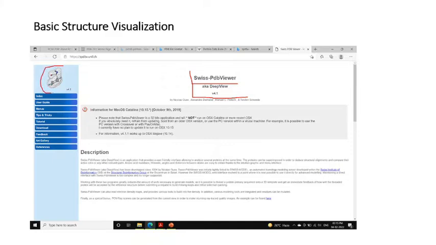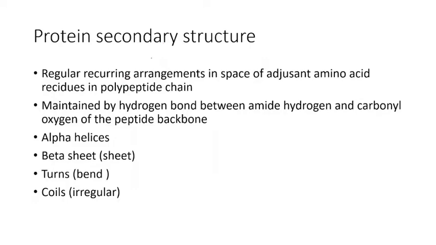We can visualize protein in different formats: alpha helices, beta sheets, turns, coils, we can see everything. But before that, before we see all these formats in the software tools and run the models, we need to know how many different types of structures there are regarding protein.